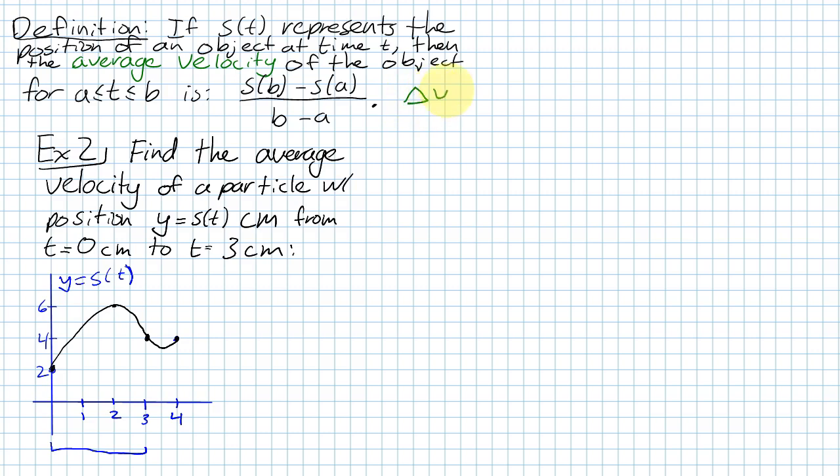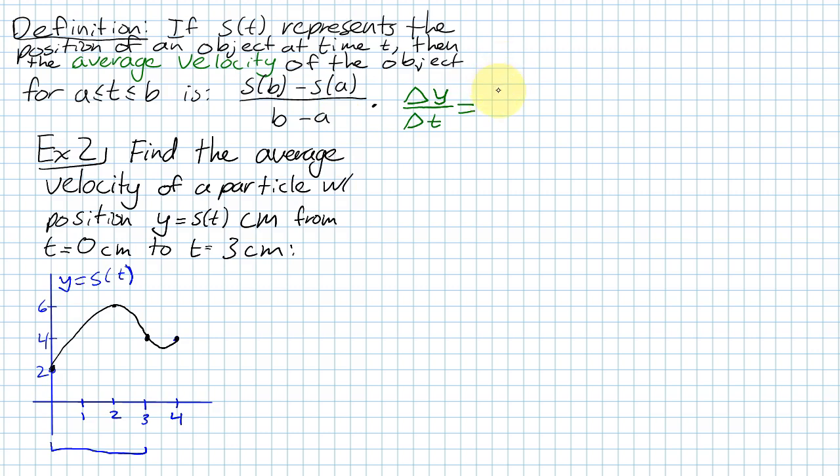So if y is the output variable in your position function, the change in y represents a change in position. And you divide that by a change in time, and the way you get that is by taking one value of y minus another value of y, and likewise you take one value of t minus another value of t to get the denominator.